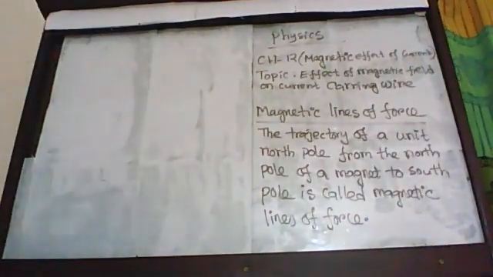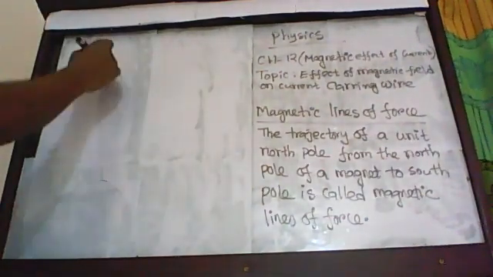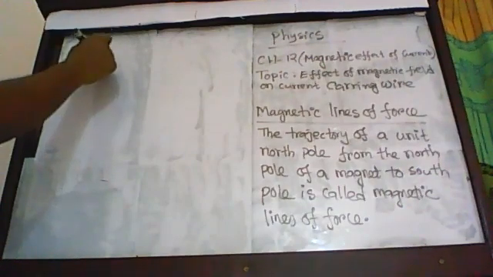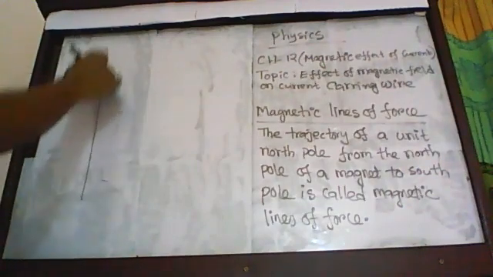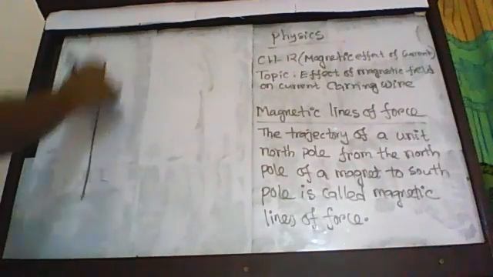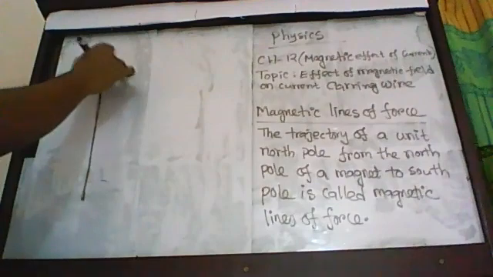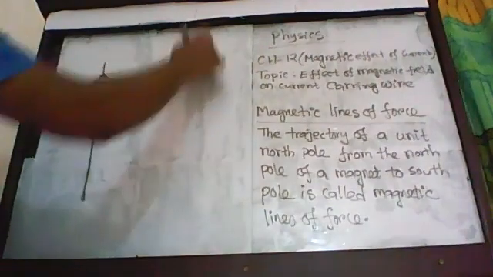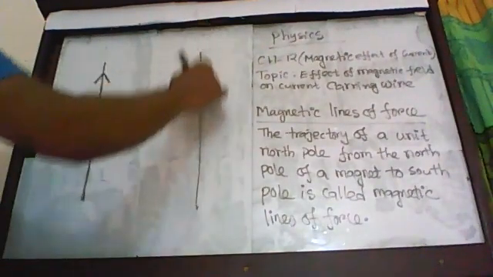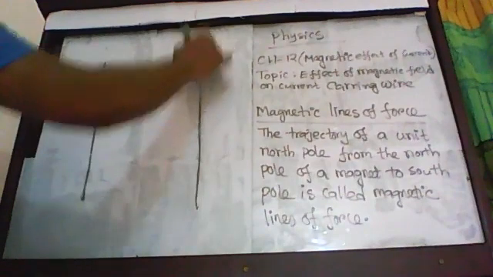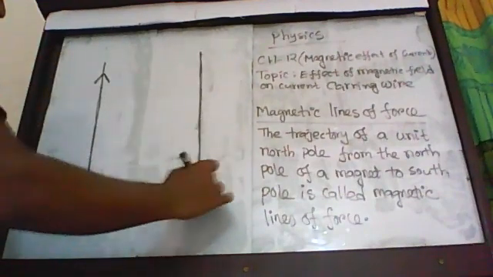then you see, boys and girls, this is a wire. It carries current in this direction. This is another wire. It can carry current in this particular direction.